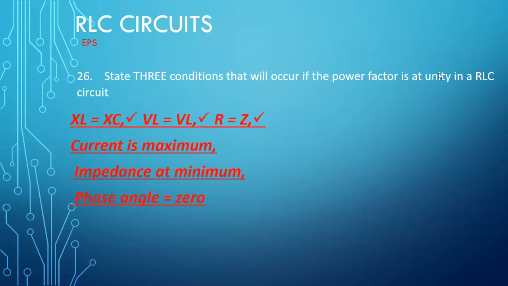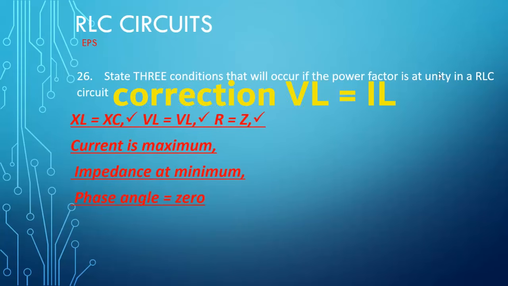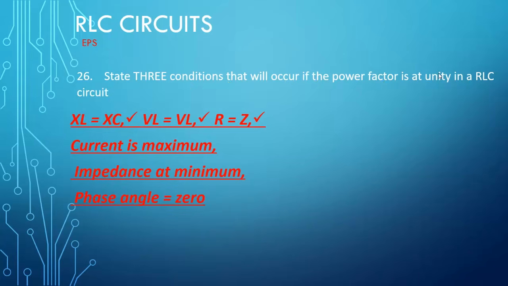So XL is equal to XC, IL is equal to VL, R is equal to Z, current is maximum, impedance is at minimum, and the phase angle is equal to 0. This is for unity power factor. So this means that cos theta is equal to 1 and cos of 0 degrees is equal to 1.